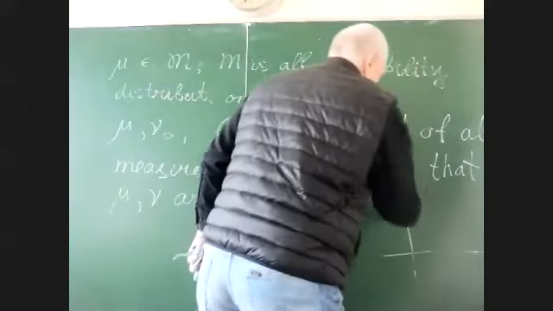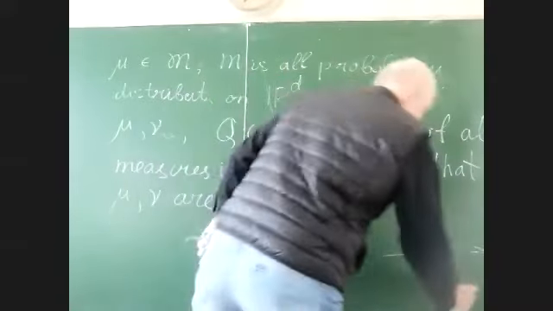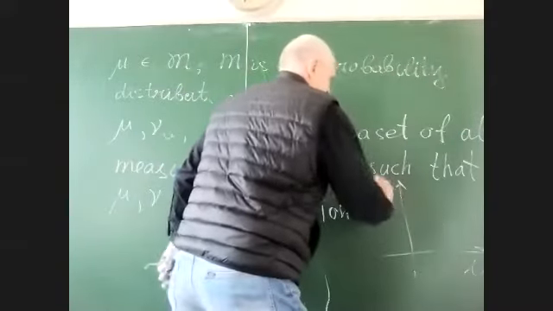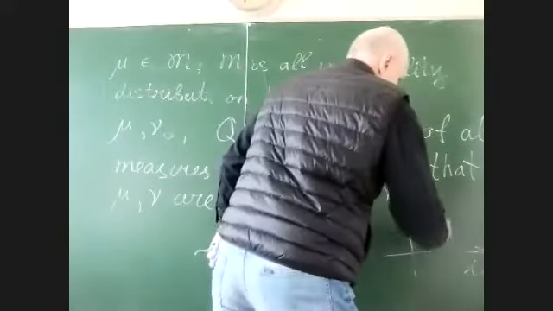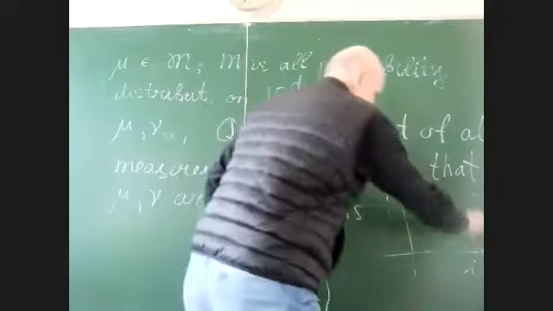So we have the following picture. Suppose that here we have distribution mu, here we have distribution nu. So we discuss such measures in the product.